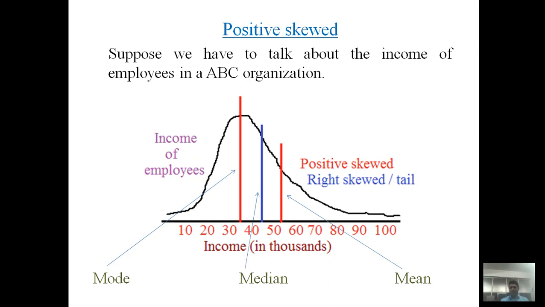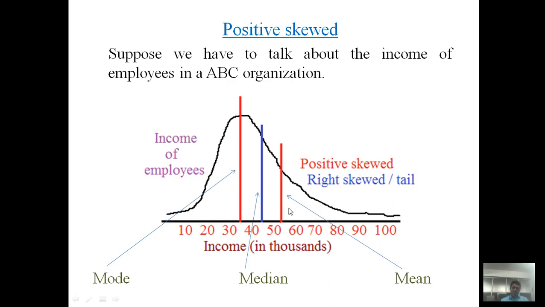In today's scenario, we know that very few people earn say 10,000. There are more people as compared to this category who earn 20,000. This is a frequency distribution of the 200 employees working in this ABC organization.